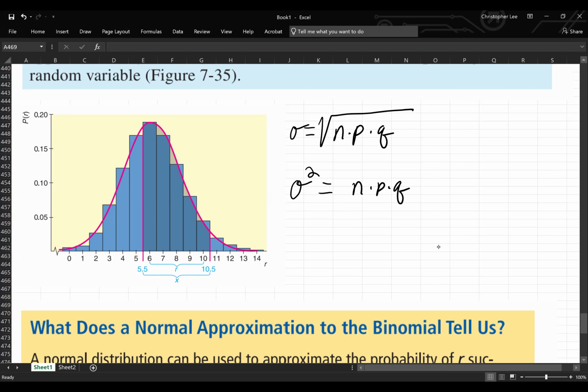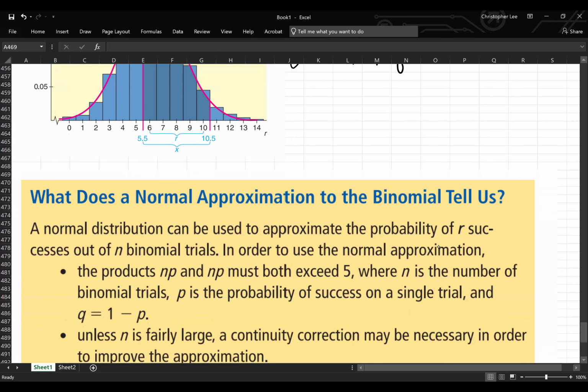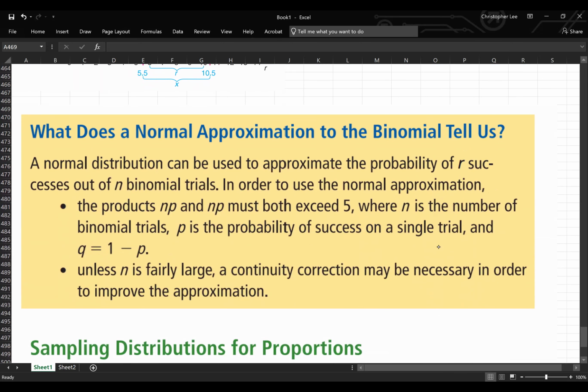Because you want to know what it means, right? So let's look at this. What does a normal approximation to a binomial tell us? A normal distribution can be used to approximate the probability of r successes out of n binomial trials.